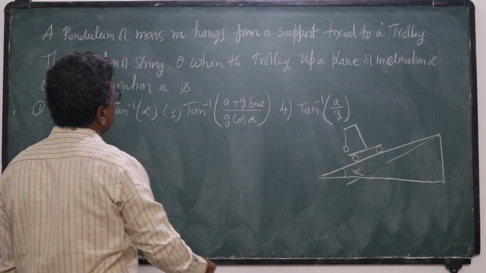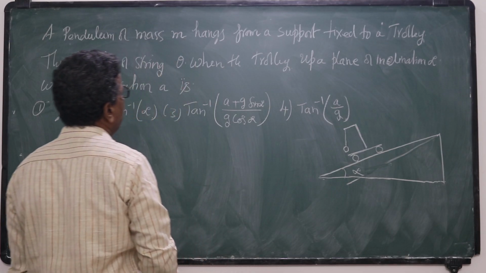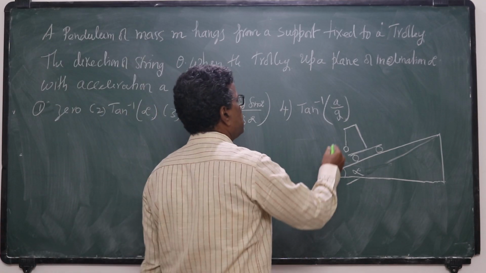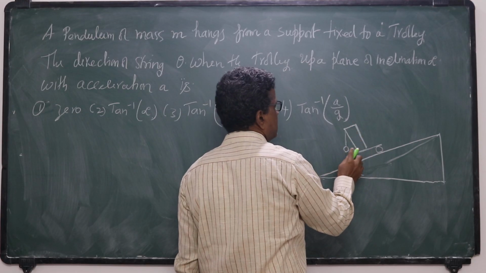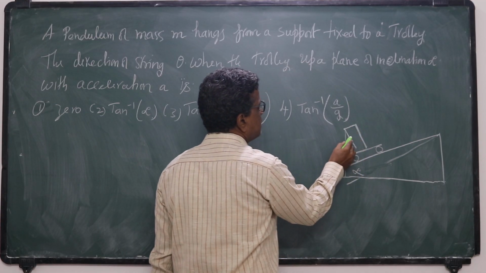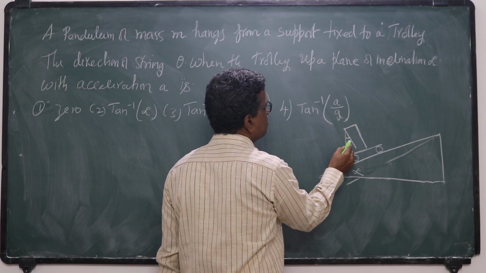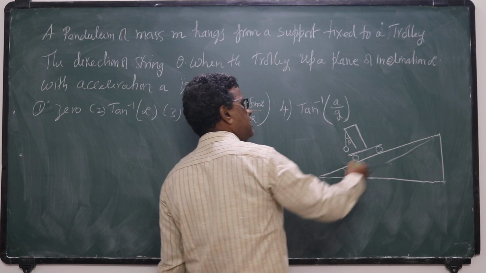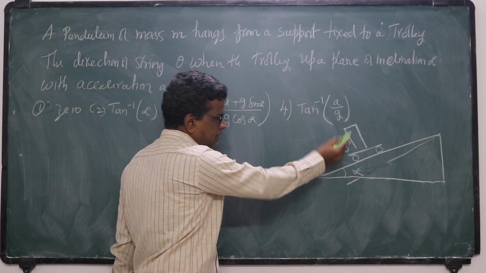The direction of the string, angle theta, when the trolley goes up the plane of inclination alpha with an acceleration a. So the string makes an angle theta with the vertical when it is rising up. So we want this angle theta.